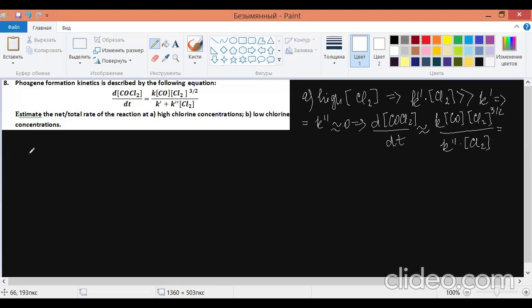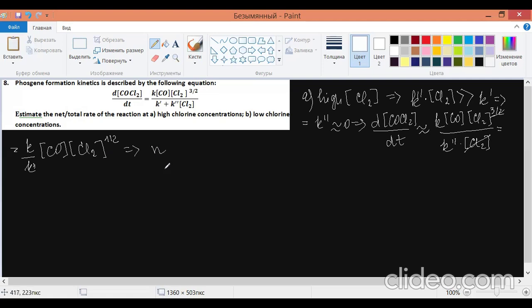And in this case, after very simple arithmetical operations, we got K over K double prime times concentration CO times chlorine concentration raised to half.